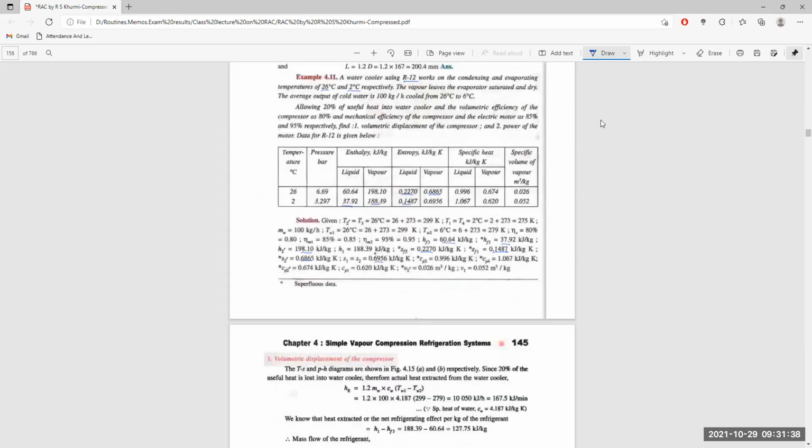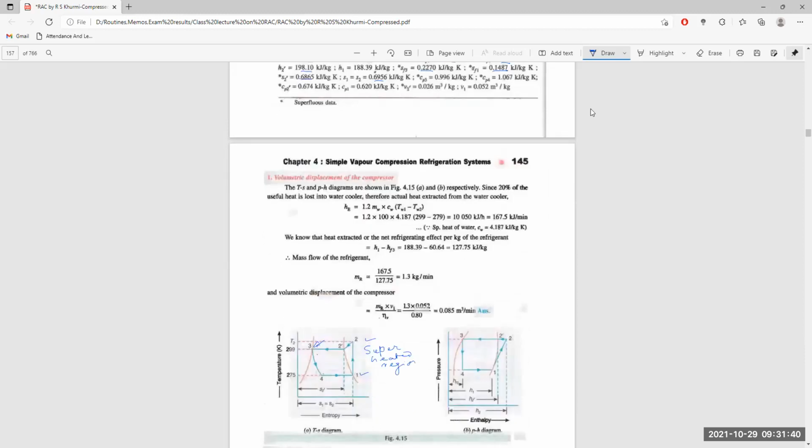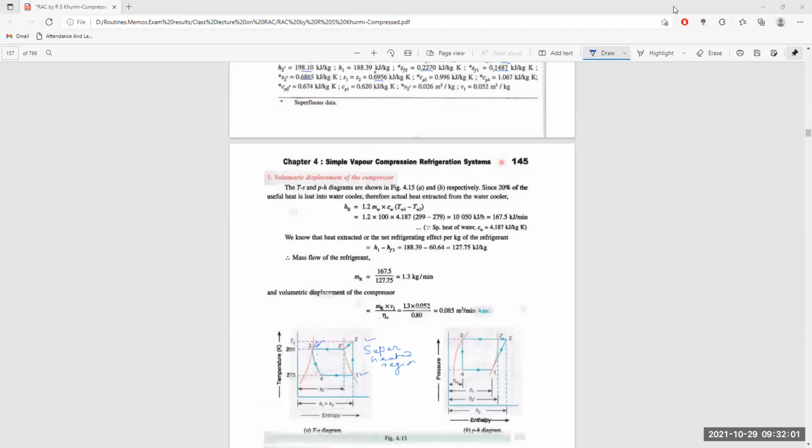This is not given, it is available from the TS diagram itself. The TS and PH diagrams are shown in figure 4.15a and b respectively, this one and this one.